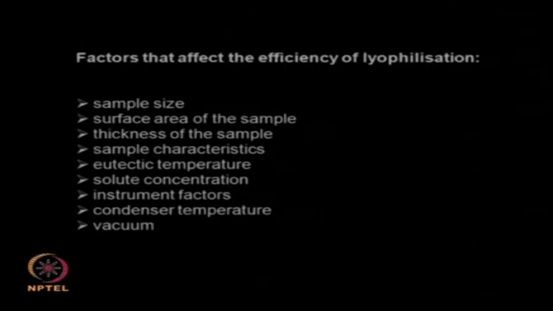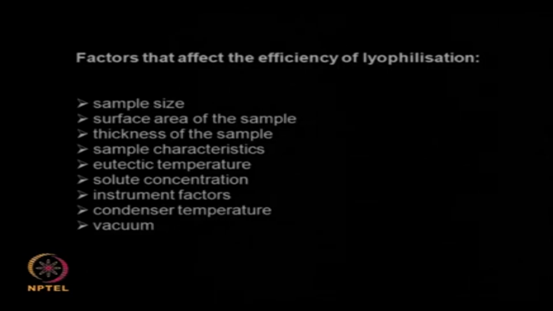So what are the factors that affect lyophilization? The sample size, how much material I am handling, the surface area of the sample, whether it has a big surface area per volume or less, and the thickness of the sample, because as you know the solid ice has to convert into vapor, and if you have a thick ice formed, the vapor has to diffuse and go out.